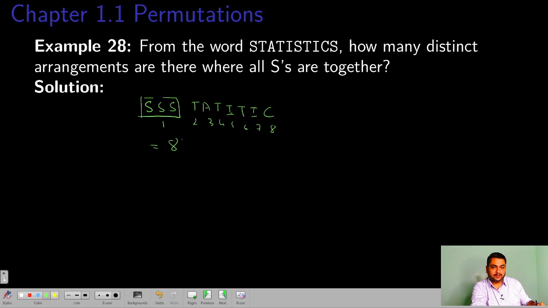So this will be equal to 8 factorial divided by, T is repeated, right? 1, 2, 3, so 3 factorial, into, again I is repeated, 2 factorial, into, these S's can be arranged in 3 factorial ways, but they are same, again divided by 3 factorial. So the answer will be 3360.